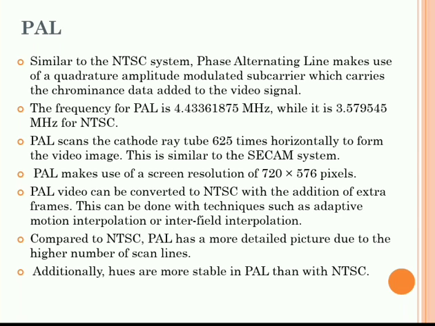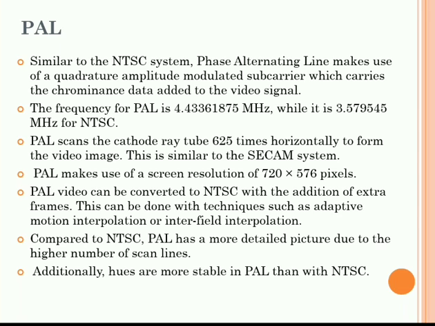Get the difference. The frequency is given very precisely, each and every point of that frequency is precise, so there is so little difference. The PAL scans the cathode ray tube 625 times horizontally to form the video image.